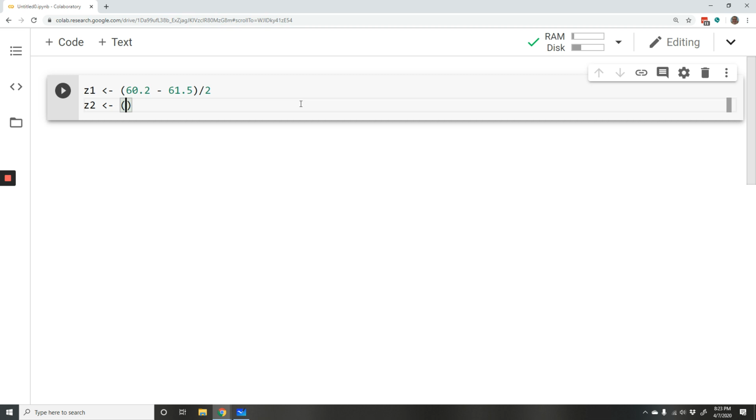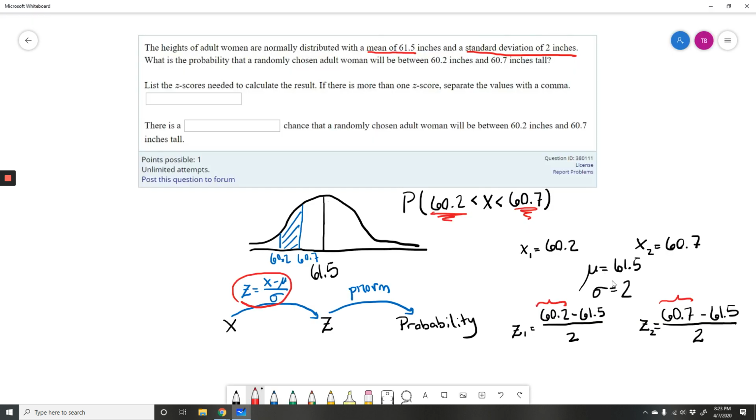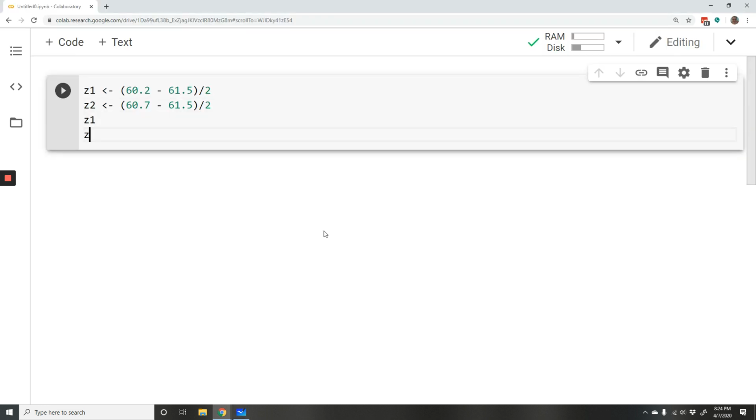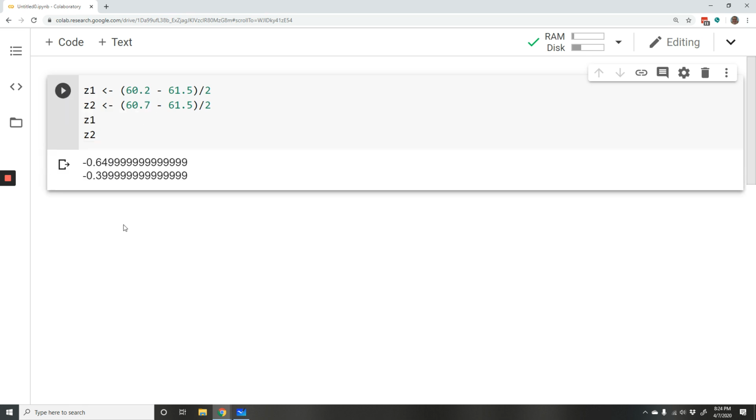It's just that first x value that's different. It'll be 60.7 minus 61.5 divided by 2. Let's go back to our notes here and double check. 60.7 minus 61.5 over 2. So that's correct also.